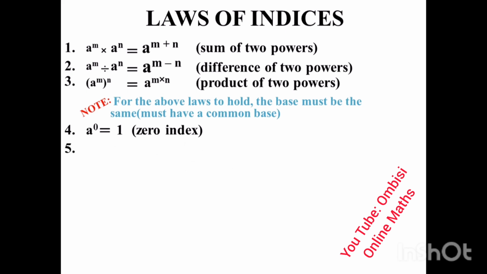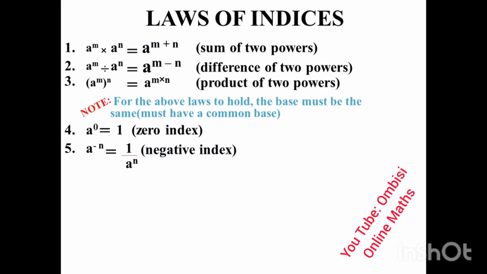Now we are going to look at law number 5, which says that if you have any number a raised to the power of negative n, then this is the inverse. So it translates to 1 over the number a raised to n. So the negative now is omitted.